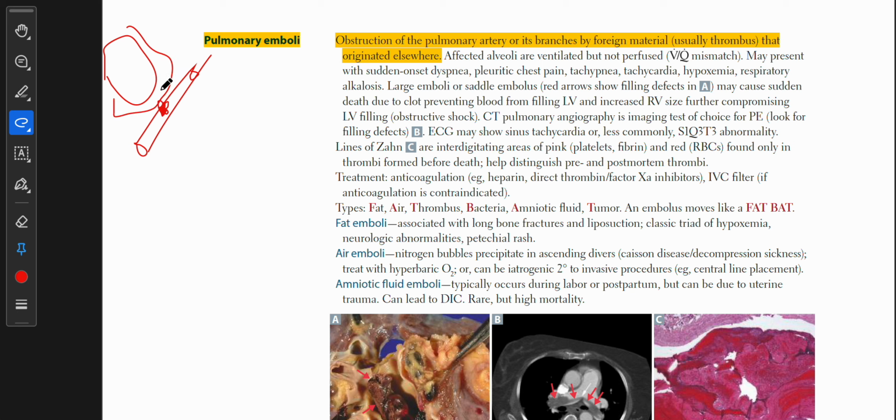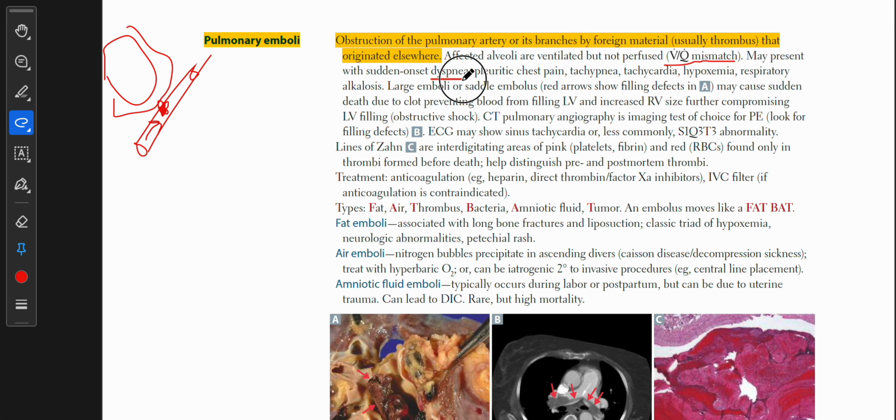So ventilation is perfectly normal, but perfusion is not done because of the obstruction to the flow of blood in these arteries, and that causes VQ mismatch, which is ventilation perfusion mismatch.